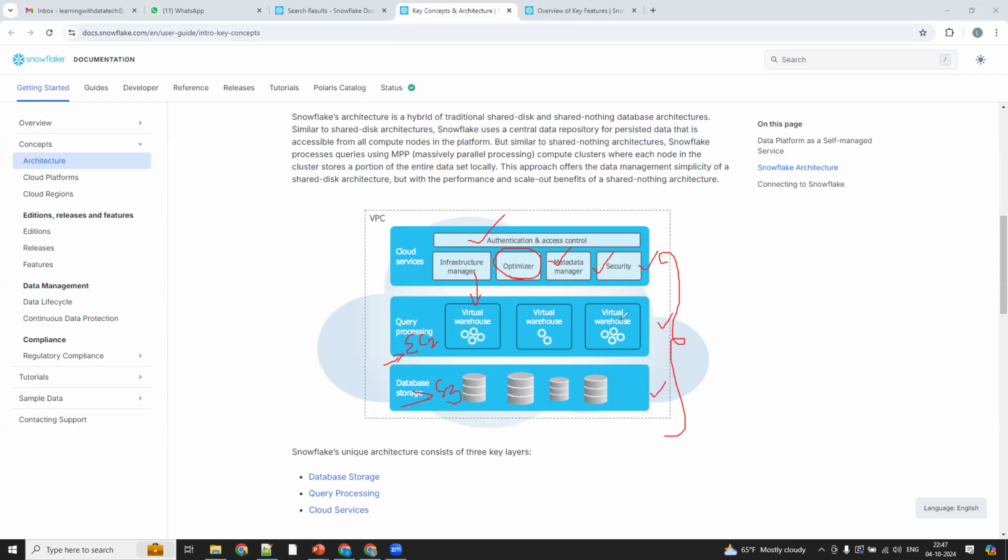We can increase the virtual warehouse size up to 6XL here. You can store petabytes of data in the storage. You can create any number of users here, no problem, irrespective of the storage and compute power. Okay, so this is about the architecture part.